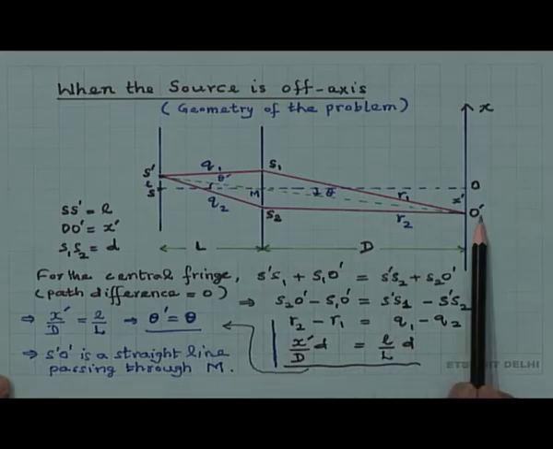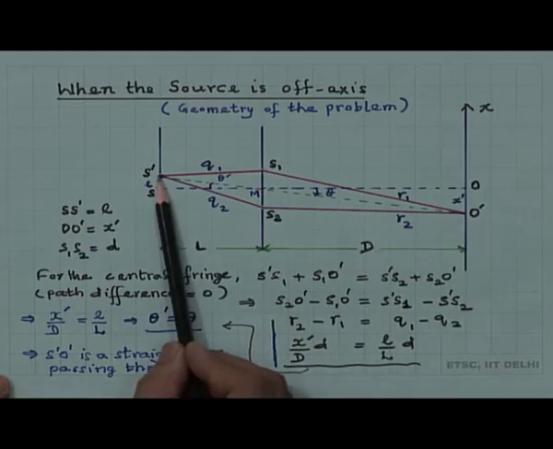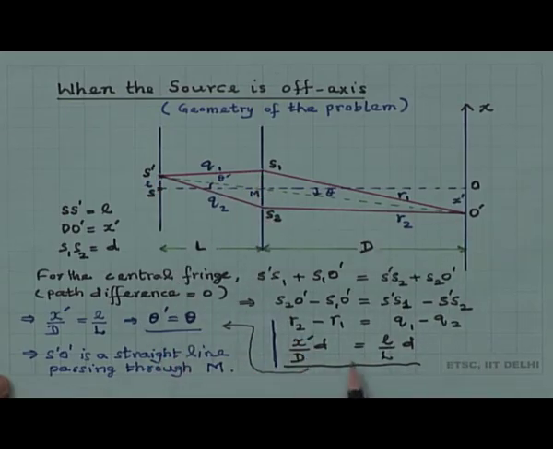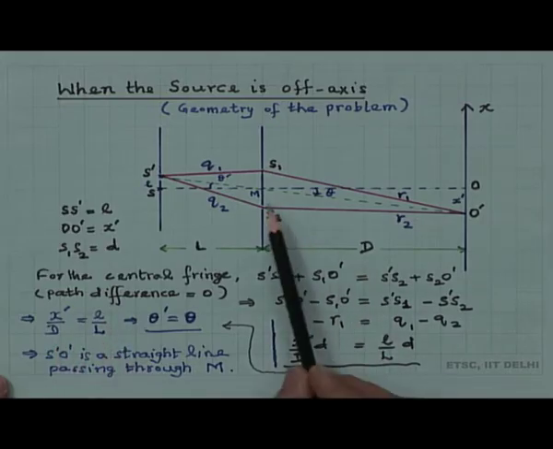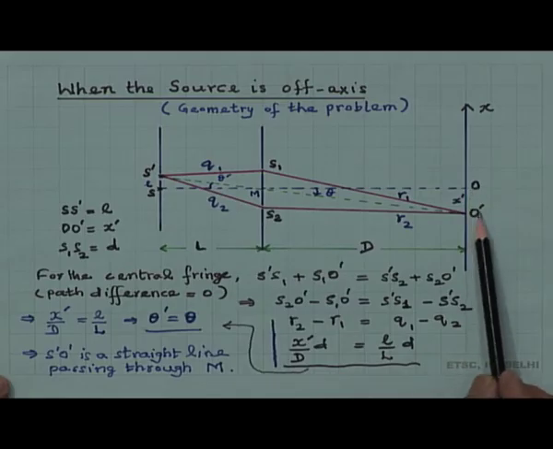We had calculated from this path difference, now we are calculating from this triangle, and that is identically l by L into d. This implies, please see here, that x dash by D, so d is common, and therefore x dash by D is equal to l by L.